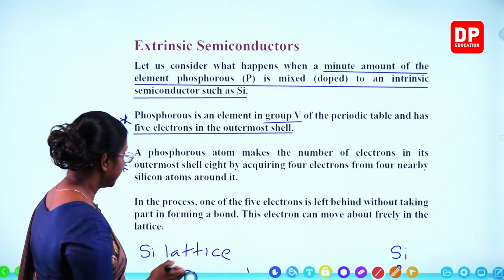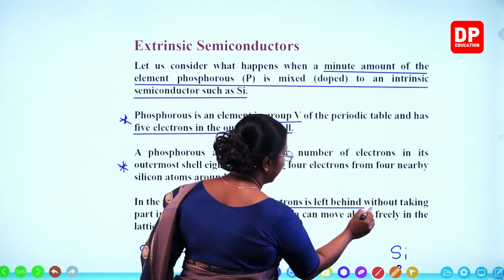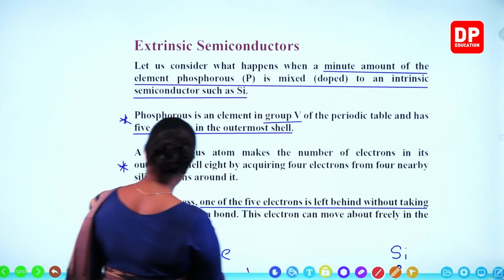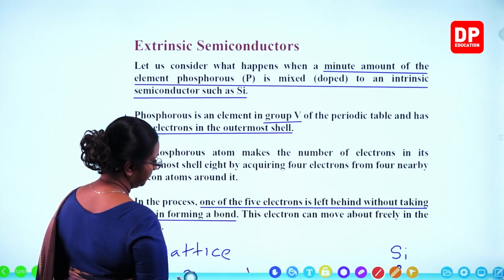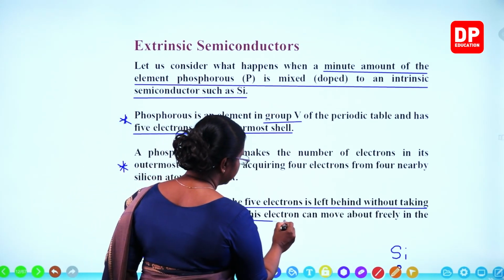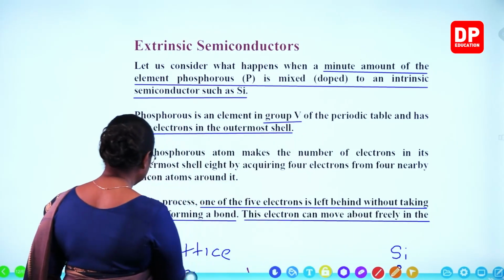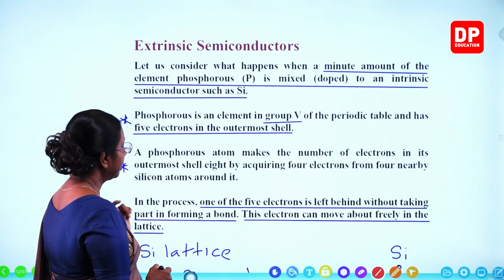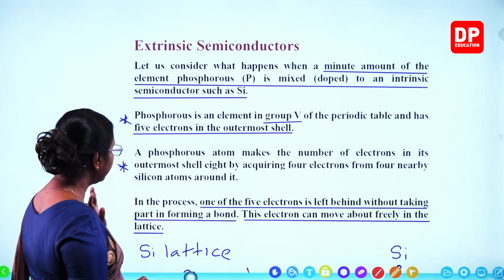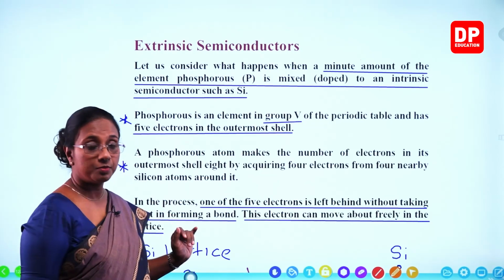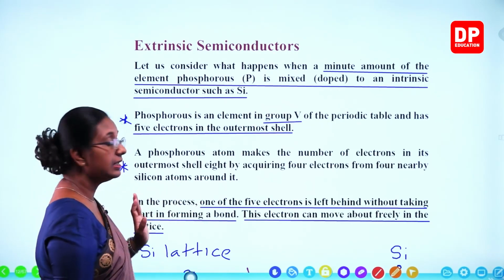In the process, one of the 5 electrons is left behind without taking part in forming a bond. This electron can move about freely in the lattice.